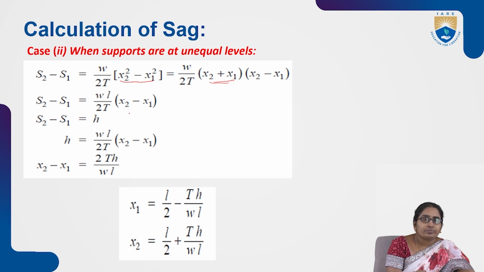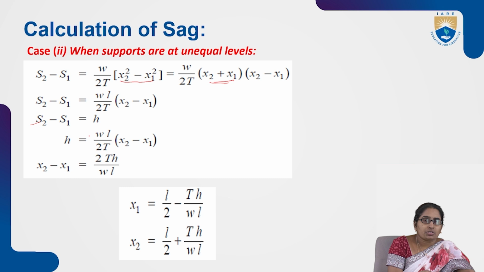Now from this, how it can be further simplified, because we know that S2 minus S1, the difference between the heights of the two towers, was defined in the beginning as small h, right?